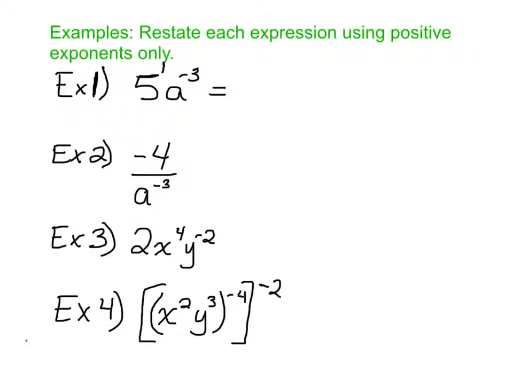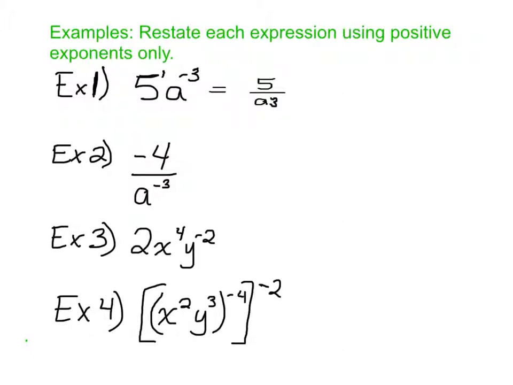Only negative exponents move. Any powers that have positive exponents are going to stay put where they're at. The 5, because it has a positive exponent, is going to stay on top of the fraction. And the a to the power of negative 3 will move to the bottom and become positive.